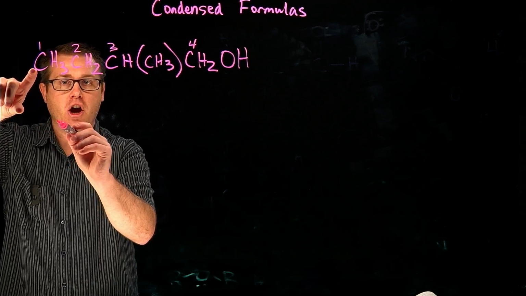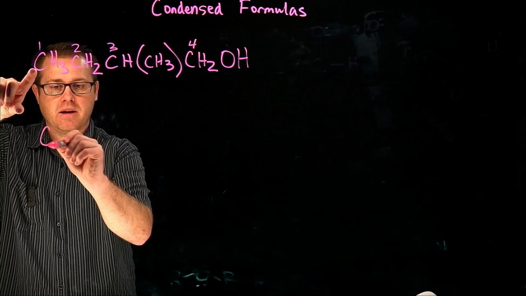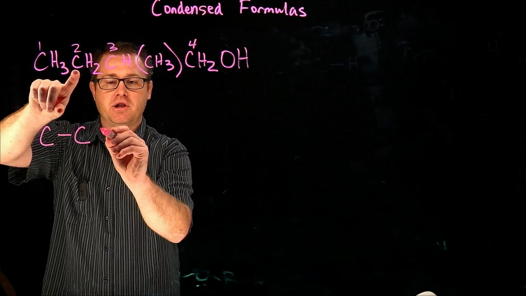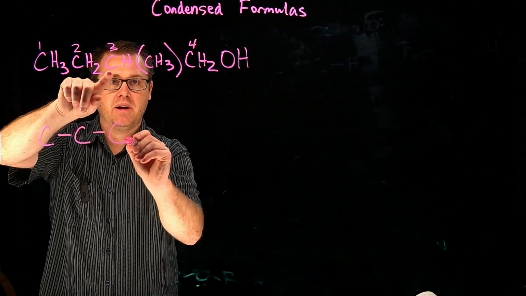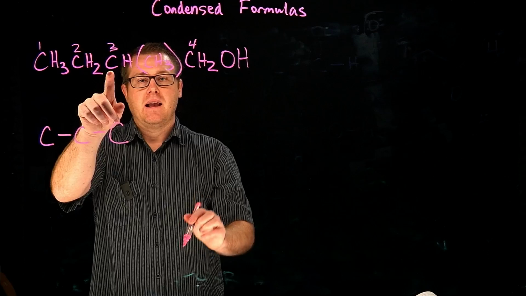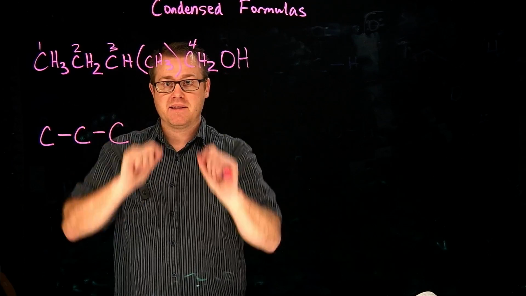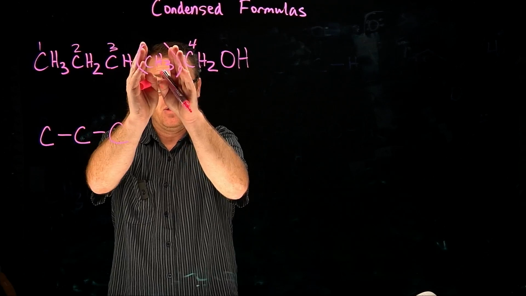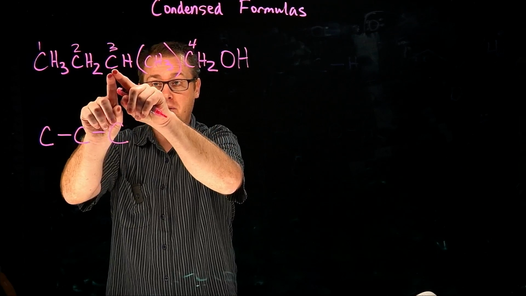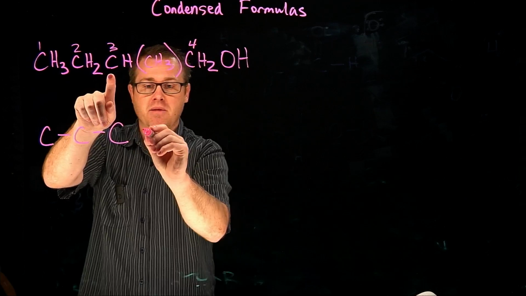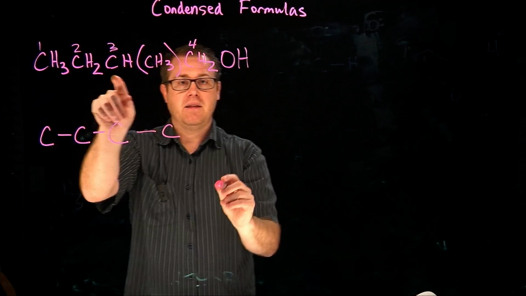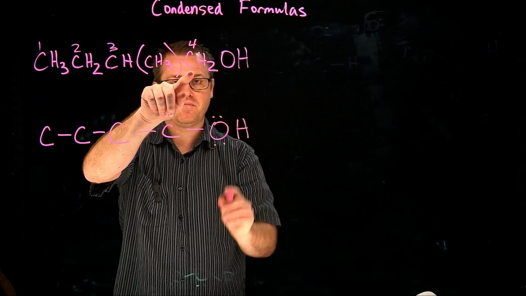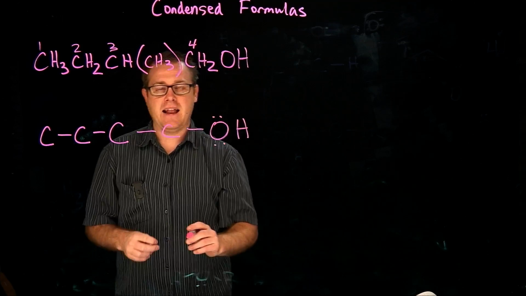So I see that carbon 1 right here is directly bonded to carbon 2. Carbon 2 is directly bonded to carbon 3. Now if we ignore the parentheses, carbon 3 is directly bonded to carbon 4. And then carbon 4 is directly bonded to the OH. That's how you're looking at it.